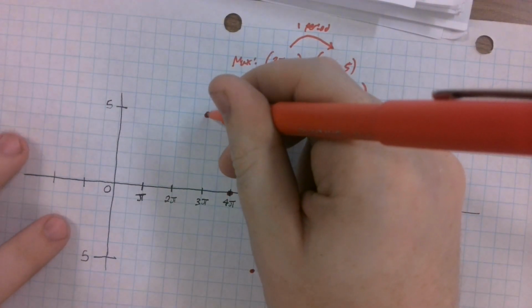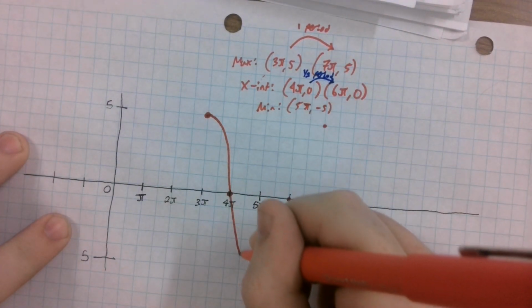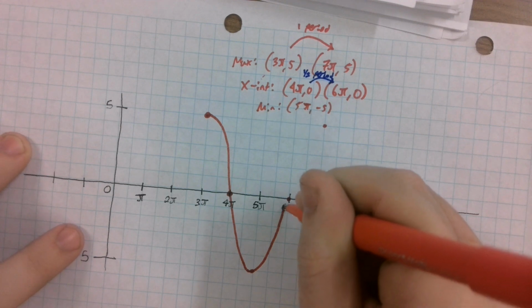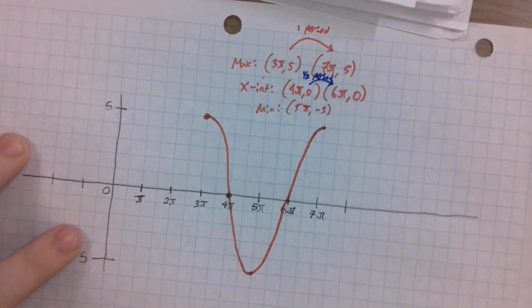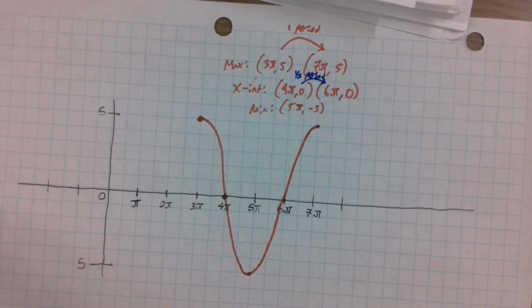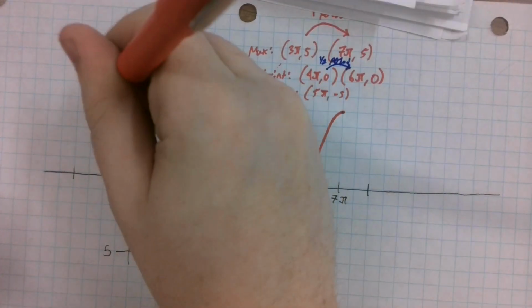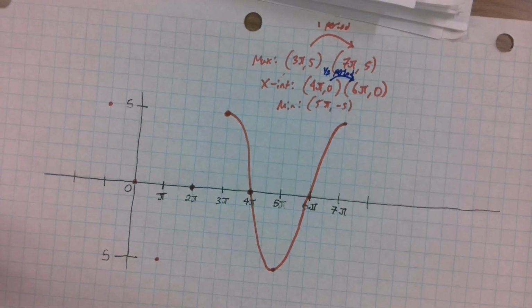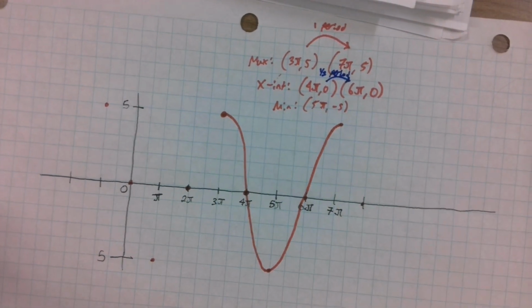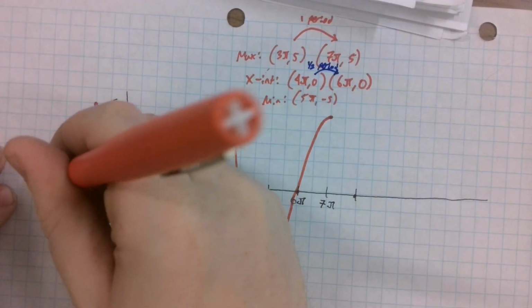So here's what our graph will look like. It's going to go down. It's going to swoop back up to the maximum. And if we wanted to continue this graph, we could repeat the pattern going the other direction. Middle, down, middle, up. Now I'll put another middle on this side just because it'll continue in that way as well. I can put another middle here.